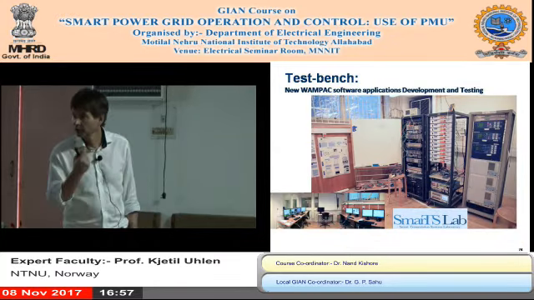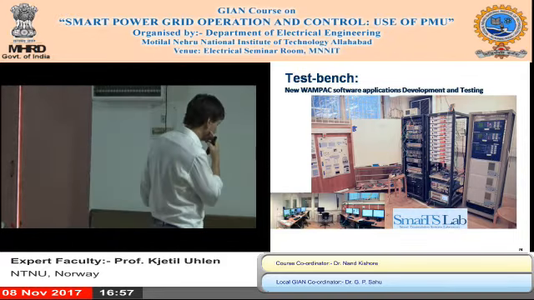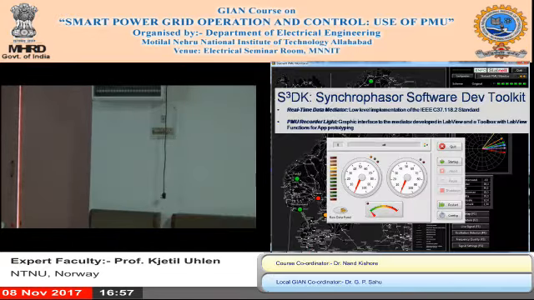This is a picture of a software kit that enabled us to make applications without too much effort. So it's a piece of software within a LabVIEW environment that made it simple for us to access the PDC or the PMUs by just entering the IP address and some port numbers, and then we could add on with the applications.